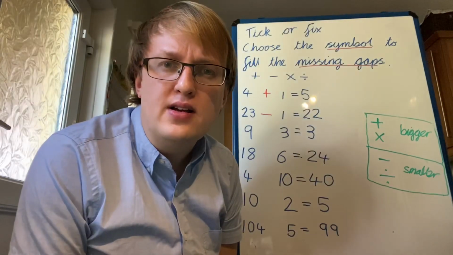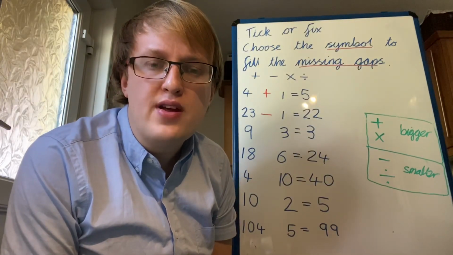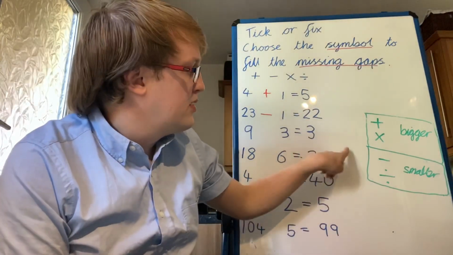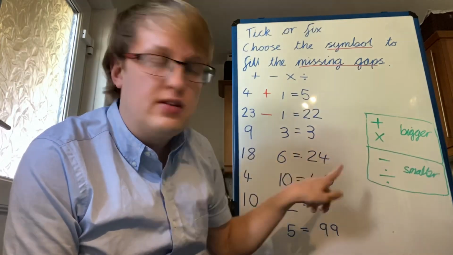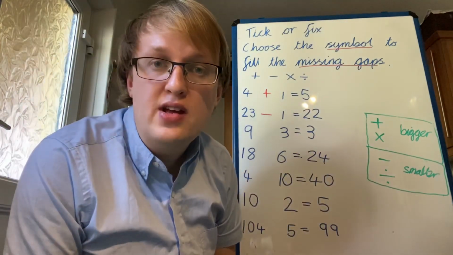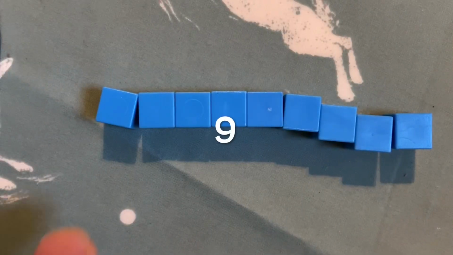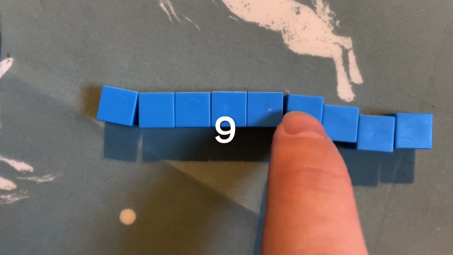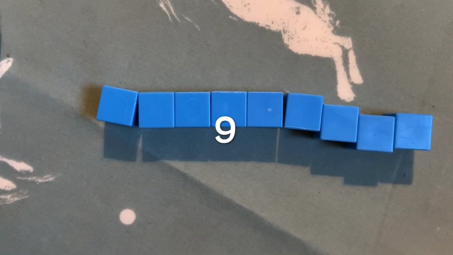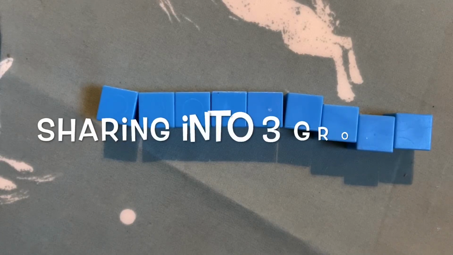What about divide? 9 divided by 3. So I could draw my 3 pots and share around 9 and see if there's 3. Let's have a go at that with the base 10. So I've got my 9 here. 1, 2, 3, 4, 5, 6, 7, 8, 9. I'm going to share those out into 3 equal groups because it would be divided by 3.